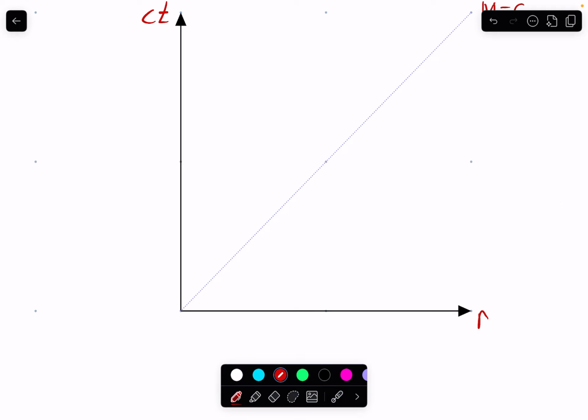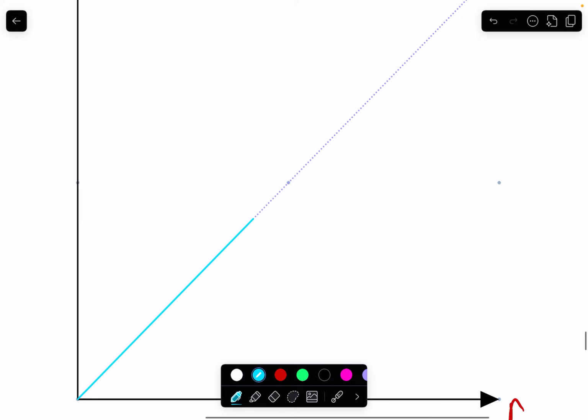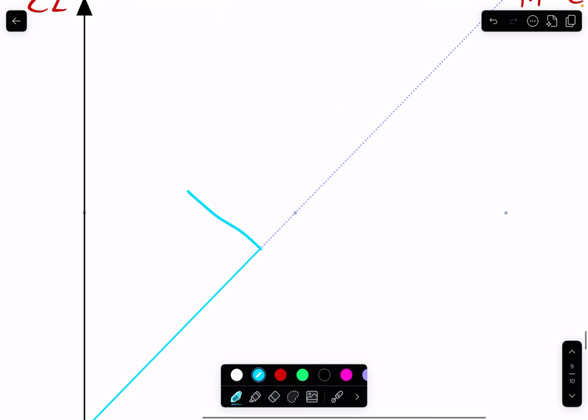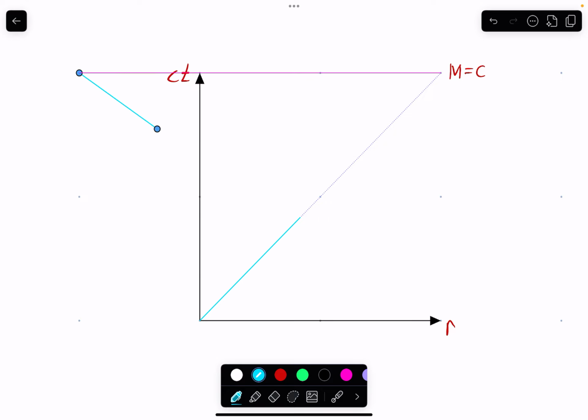So if we have something, say we start with a field that goes here, and then it goes the other diagonal. I don't know if this is completely diagonal, so let me redraw.